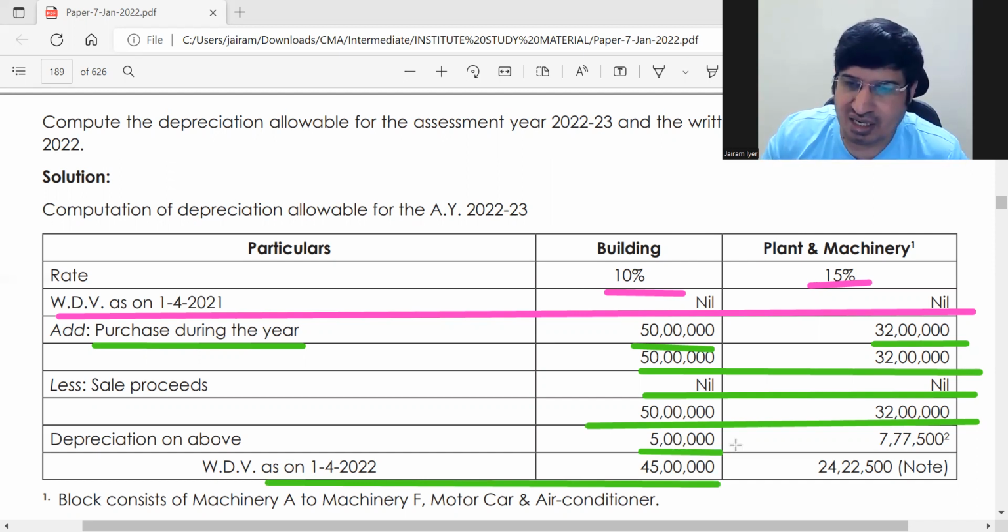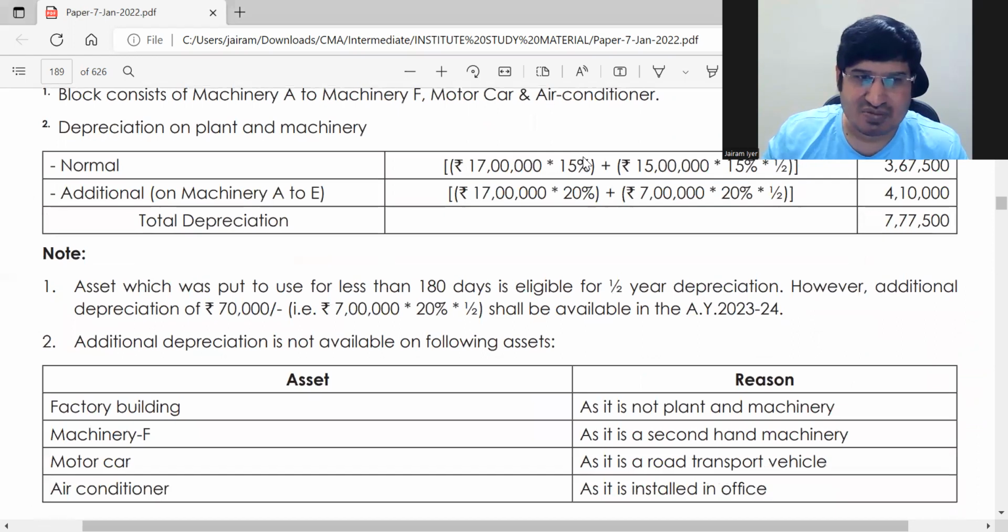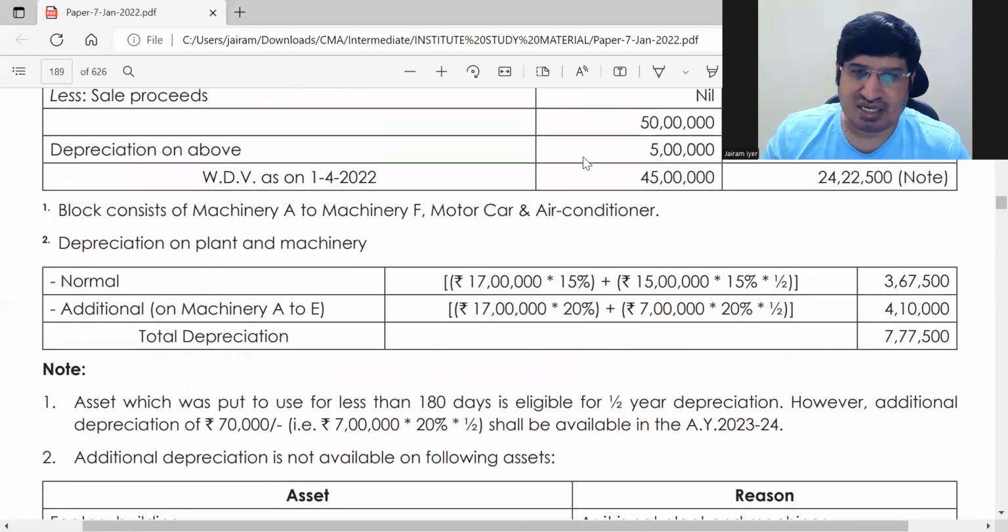So here now next is depreciation. We need to find out depreciation for plant and machinery, which is 7,77,500. Okay, how did we get it? Let us see now. So first thing is the computation. Normal depreciation 17 lakhs into 15%, correct?